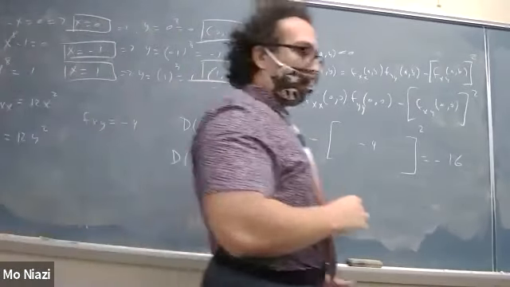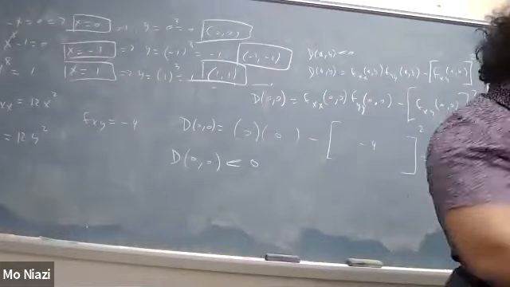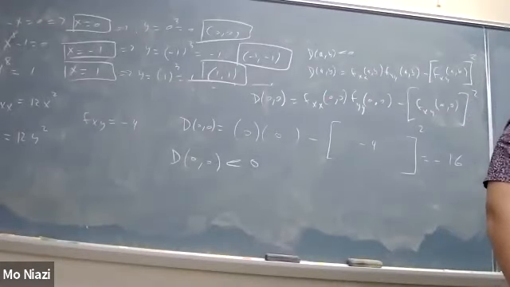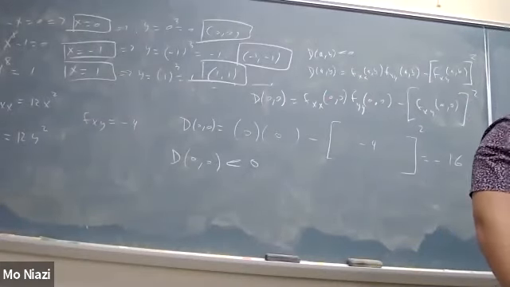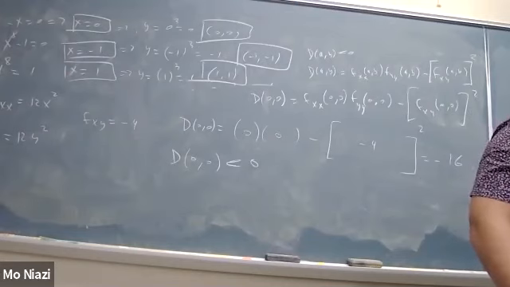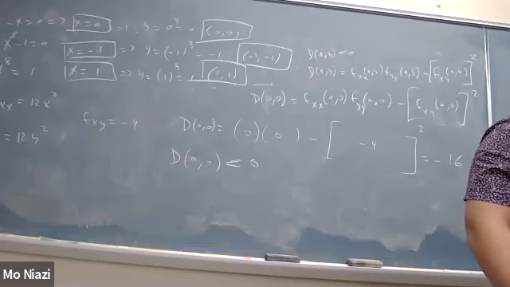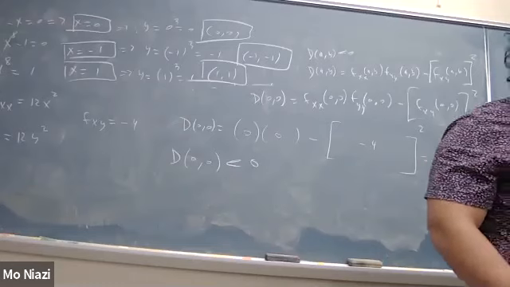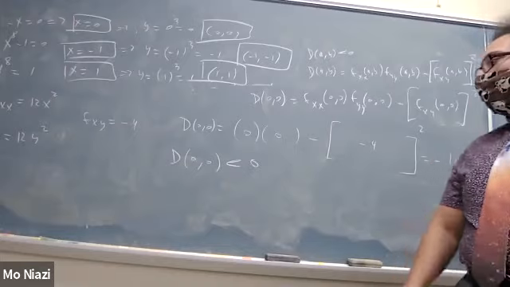And if we go back to our theorem about the second derivative test, if D is ever negative, then you have a saddle point. So at 0, 0, we have a saddle point.